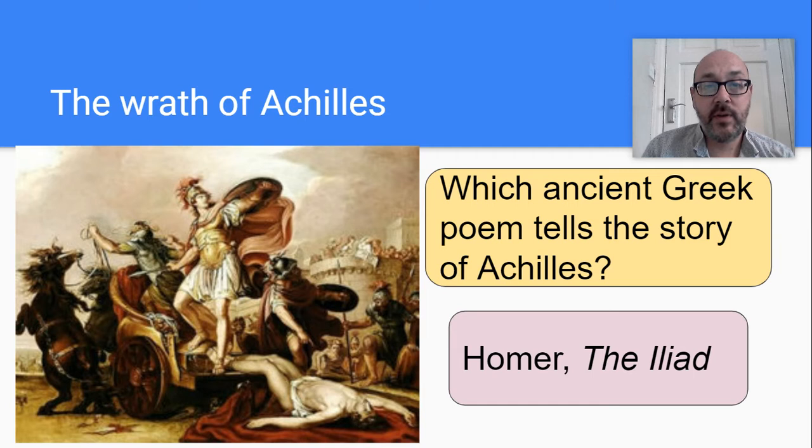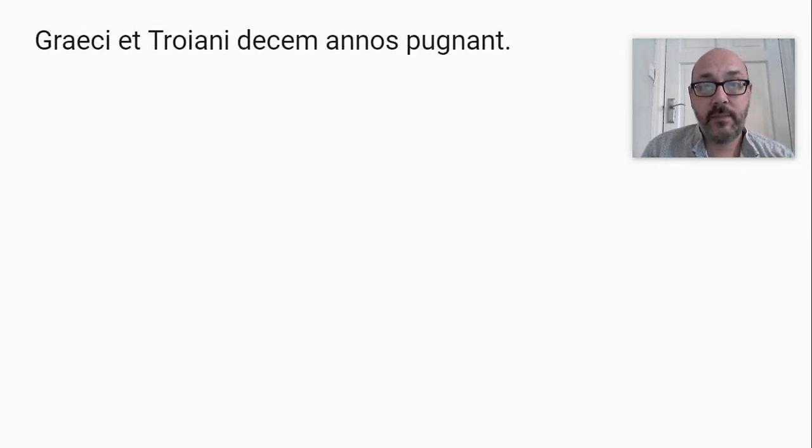Okay, so we're going to have a go at translating it together. We've done this already earlier. I'm just going to talk you through the translation. So first of all, Graeci et Troiani, decem annos pugnant. The Greeks and the Trojans, pugnant, fight, decem annos, for 10 years.